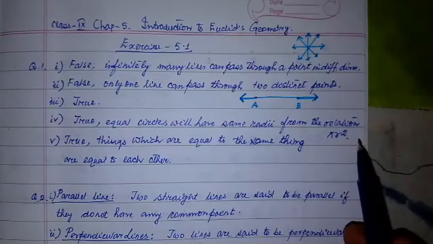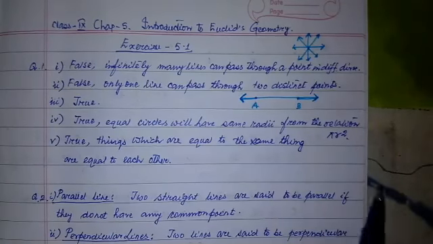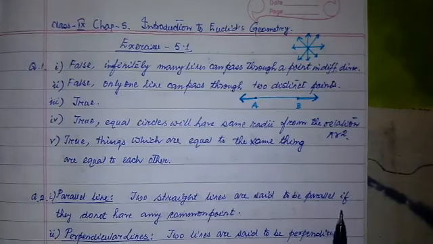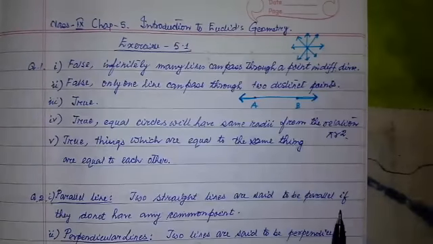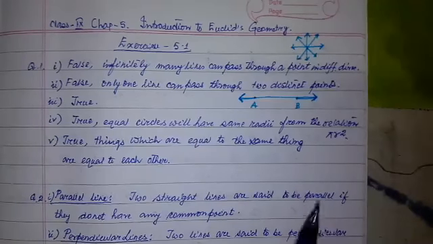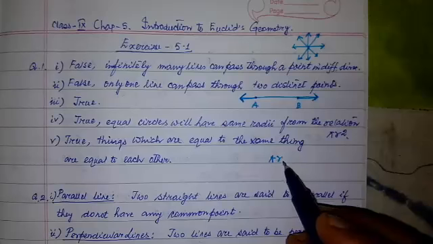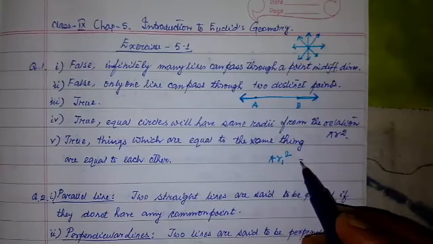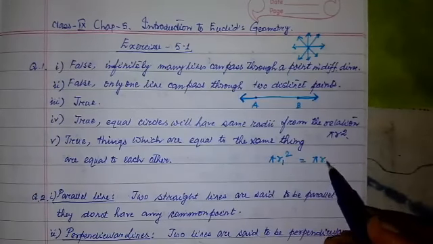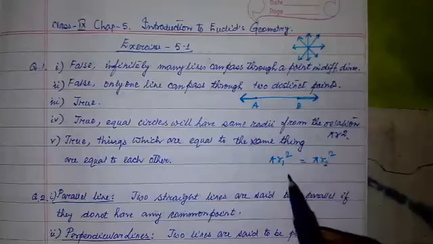From the relation pi r square, let us assume that the area of the first circle is pi r1 square and that of the second circle is pi r2 square.